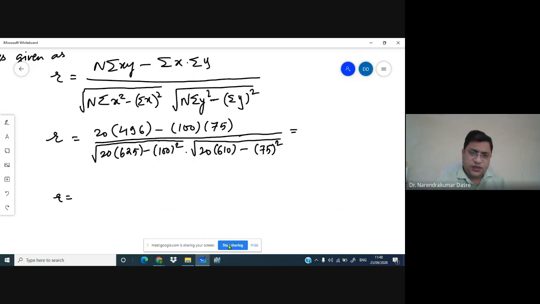So please calculate and tell me what is the value of r. Yeah, that's good. So many of you have got the value. Kalyani, Ishika, Ayushi, Rudransh, Pakshal. Good.